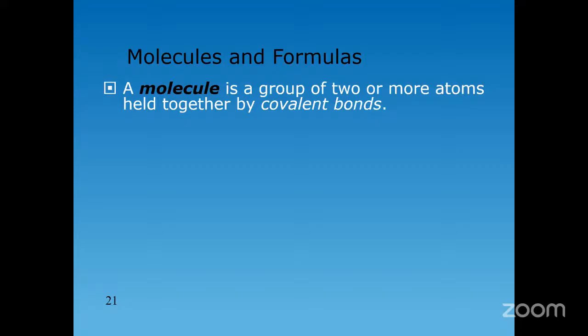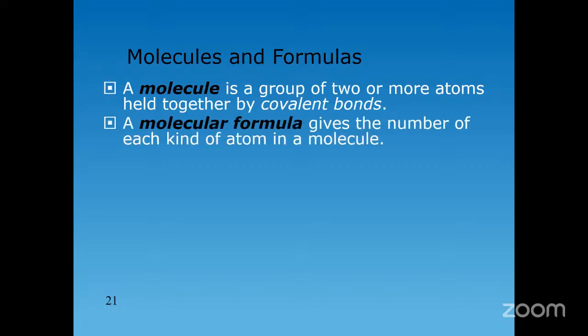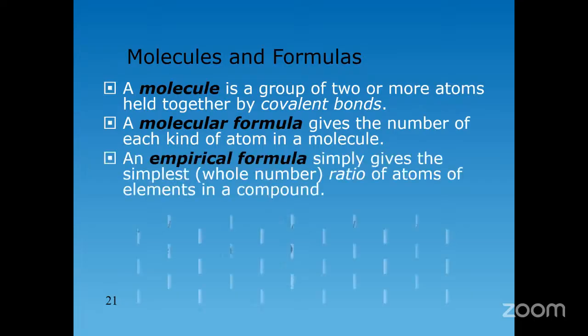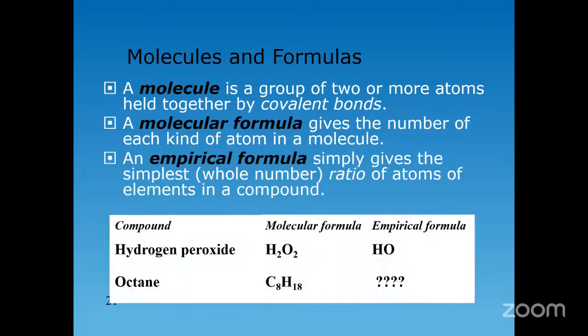So let's talk about molecules and formulas. We all know that molecules are a collection of atoms held together by covalent bonds. The molecular formula is a shorthand way of indicating the composition of a molecule. Now, the molecular formula should not be confused with the empirical formula.